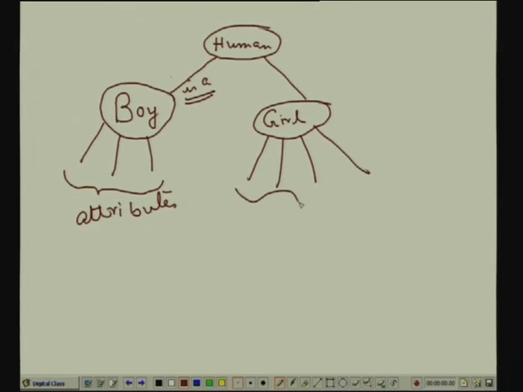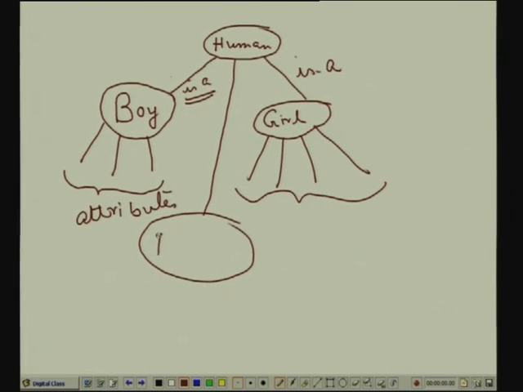Now, all boys are human beings, all girls are human beings, maybe all men are human beings, or all mothers are human beings, and mothers have got their specific attribute. In order to call a lady that she is a mother, obviously we look at some attributes, right? And again, mother is a human being.